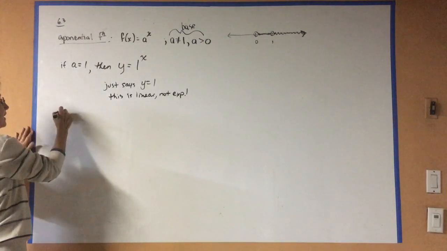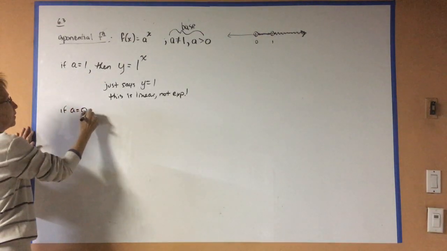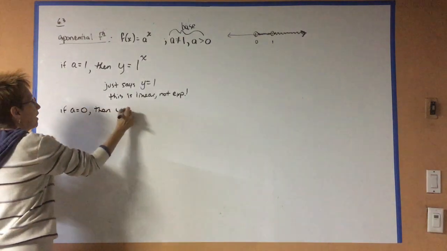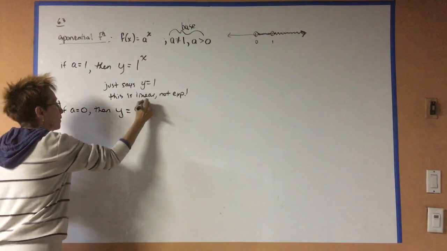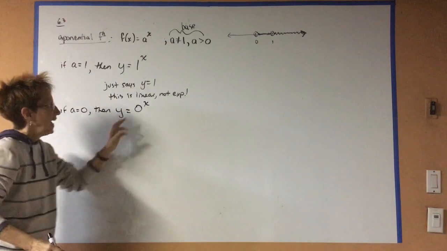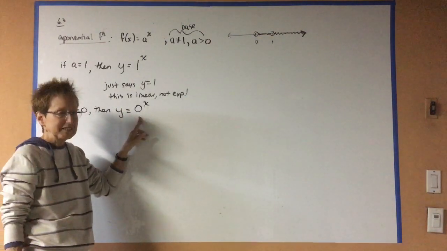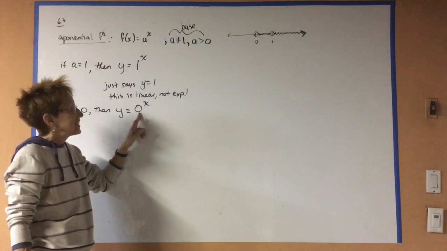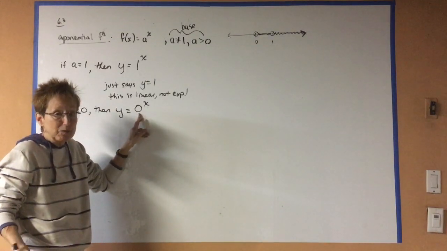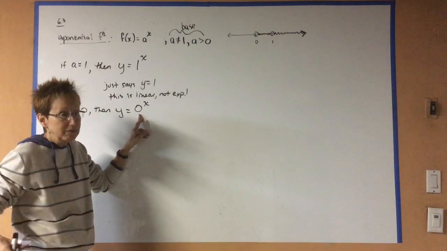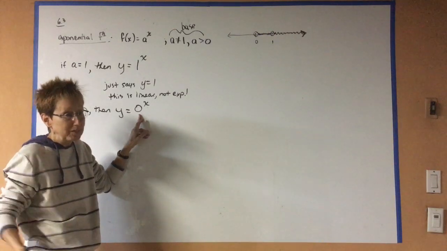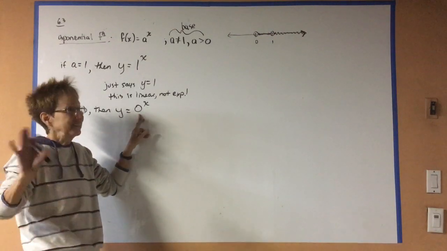The same thing if a is equal to 0. Then this says y equals 0 to the x power. And 0 to any power except for 0, we won't get into that one. You'll delve into that one in calculus. Is equal to 0, right? 0 squared is 0. 0 to the negative third power is 1 over 0 cubed. Well, you can't do that.